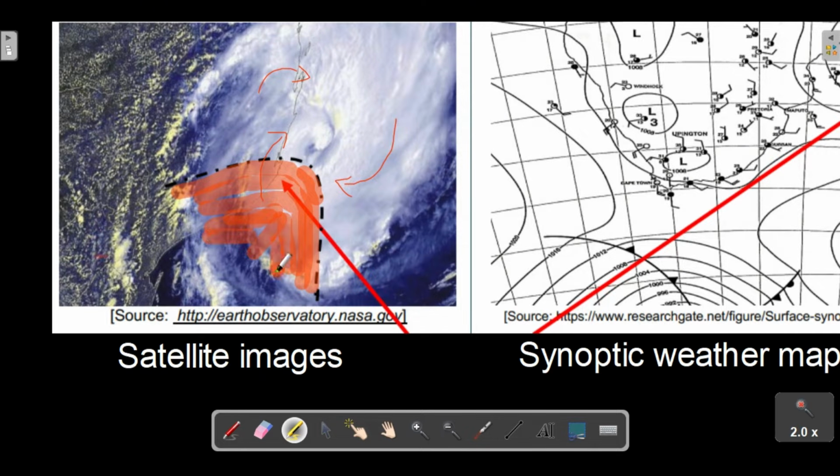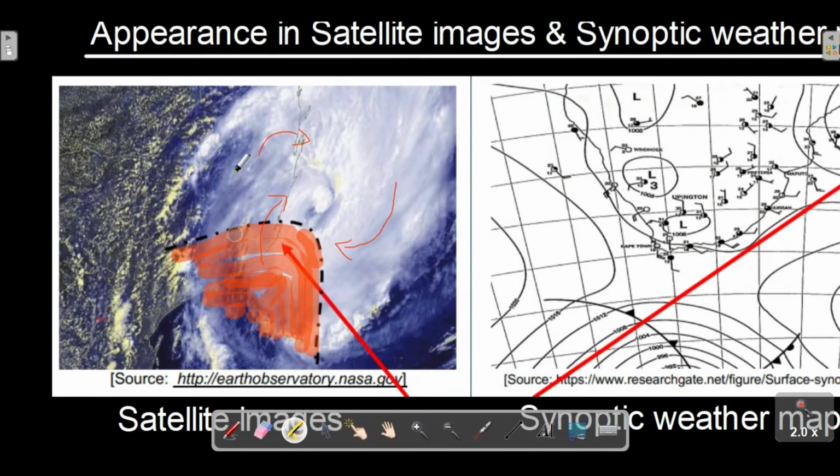This is an area within this tropical cyclone in which you have the strongest wind speed. So it's the most dangerous area in the whole tropical cyclone. You would rather be over here than be right here, because right here is quite dangerous.